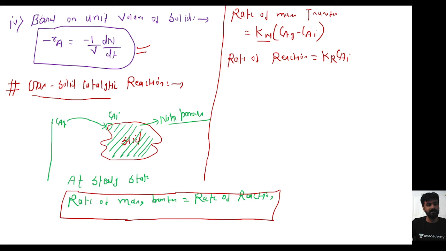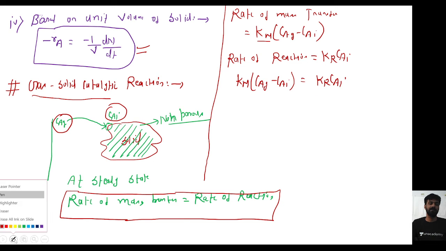This concentration is Ci, this concentration is Ca gaseous. So rate of mass transfer equals rate of reaction, so I can write Km (Cag minus Ci) equals Kr Ci. I think up to this everything is clear.